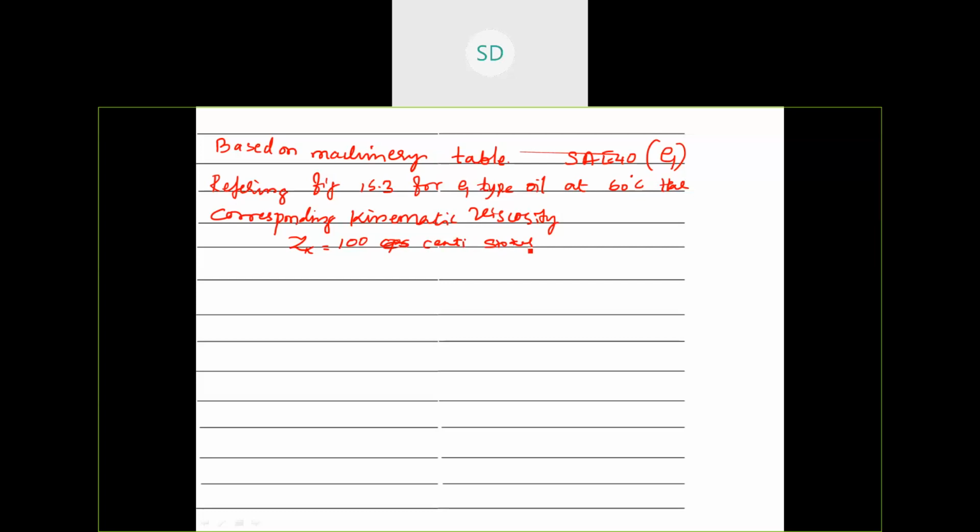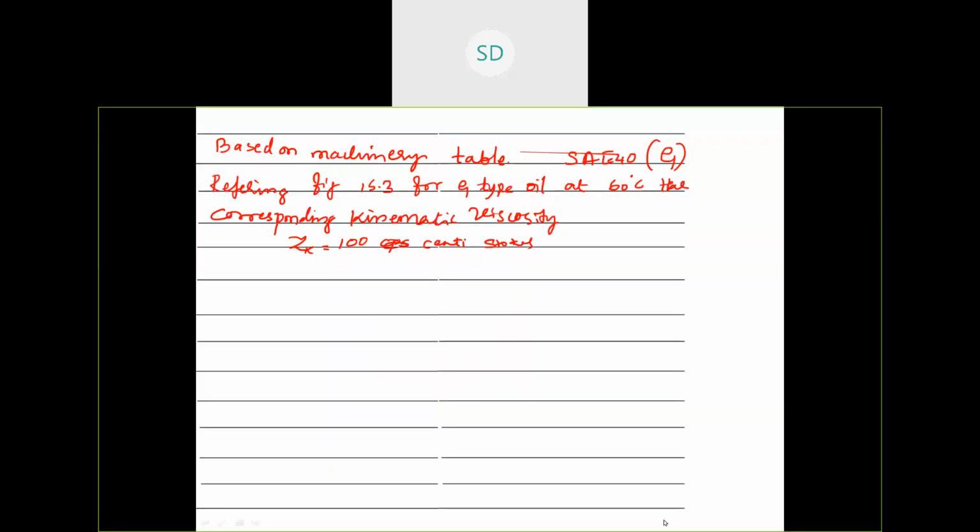Now, based on this kinematic viscosity, you need to calculate the absolute viscosity. Someone cross-check how much you are going to get for 60-degree operating temperature for G type, whether it is 55.